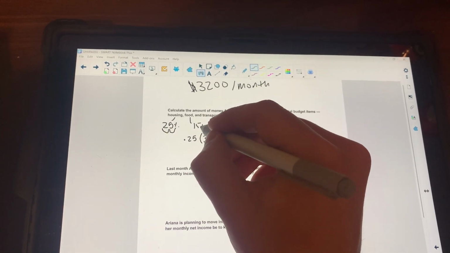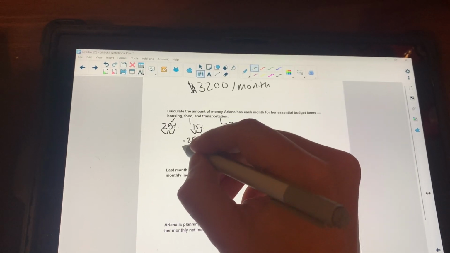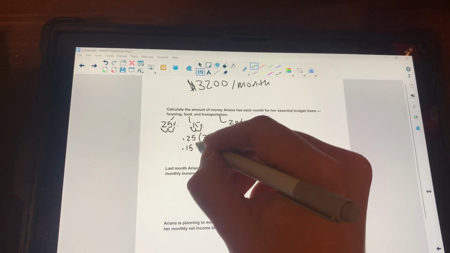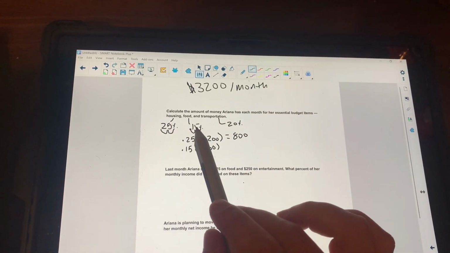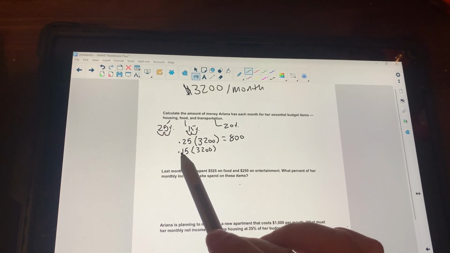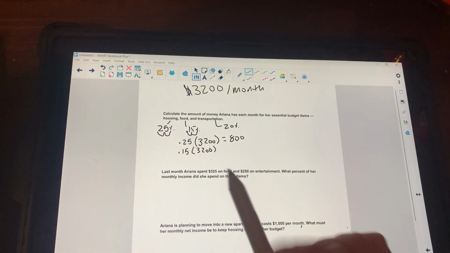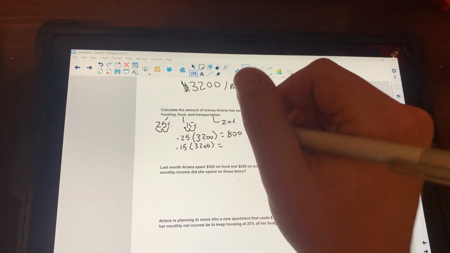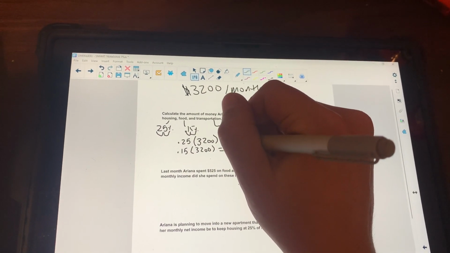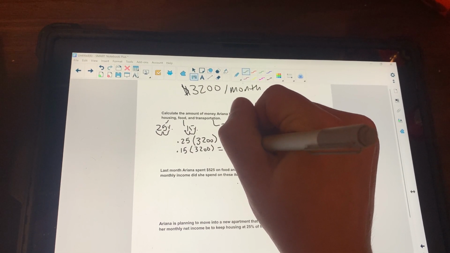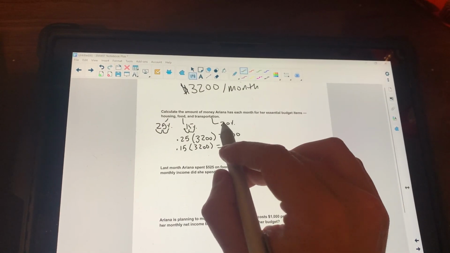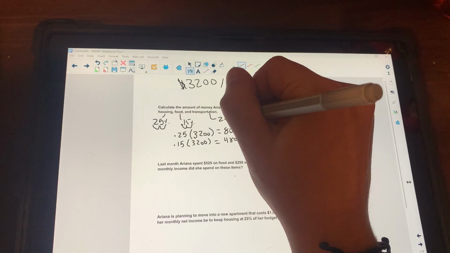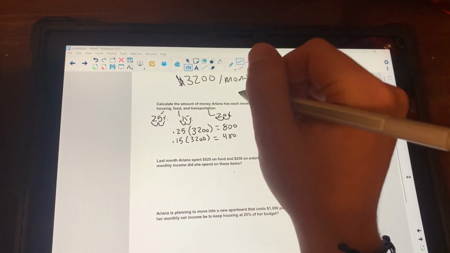When I do this for food, I'm going to do the same thing. Now I have 0.15 times 3,200 because, again, I want to know what 15% of 3,200 is. So to figure that out, I take the decimal times the total monthly budget. 0.15 times 3,200 is $480. And then finally, her last one is 20%. 20% as a decimal is 0.20.